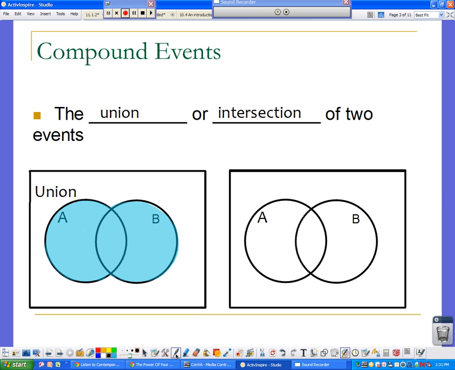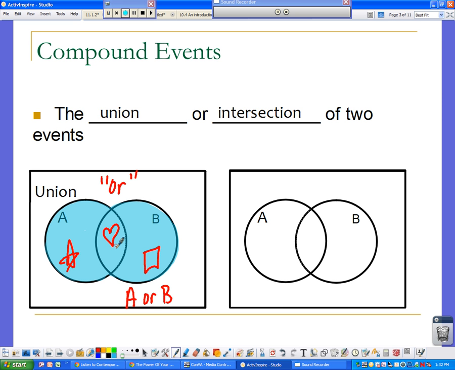So if I said, and this is where the "or" comes in, if I wanted something that was in either A or B, then that would include where the star's at, because those items are in A. They're not in B, but they are in A. It would also include items where the square's at, because those items are in B, even though they're not included in A. It would also include items like the heart right here that's in the center, because yeah, it's in A, but it also happens to be in B. So "or" is one of those.